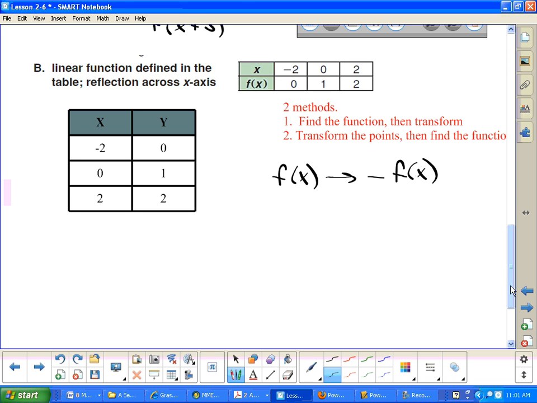So these were the current points I'm working with: -2, 0, 0, 1, 2, 2. So we're going to end up with new y values, right? Because if I'm reflecting it across the x-axis, is the x value going to change? No, it's not. The x value stays the same. The y value is going to change. So I'm going to have new y values.